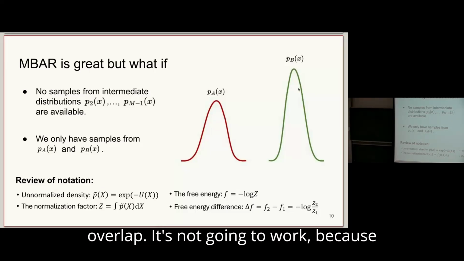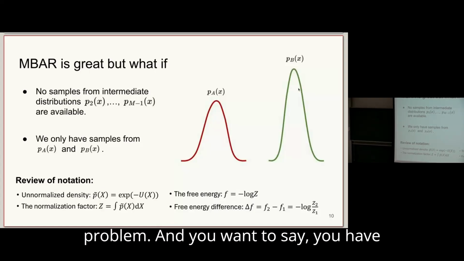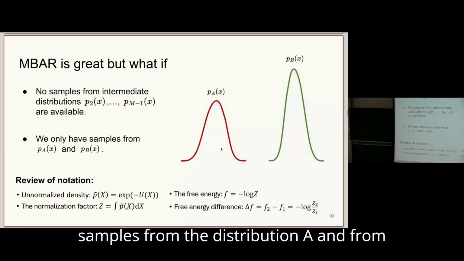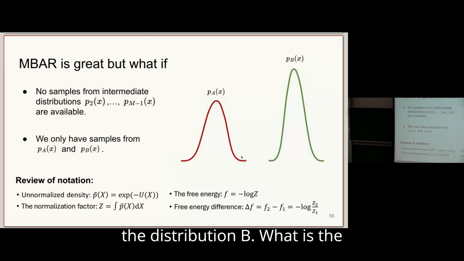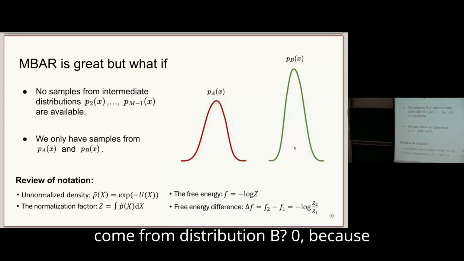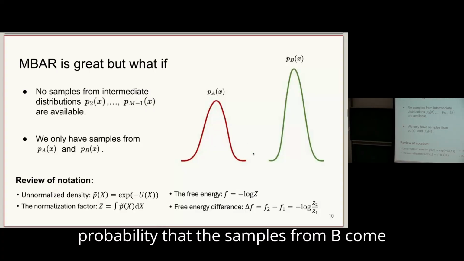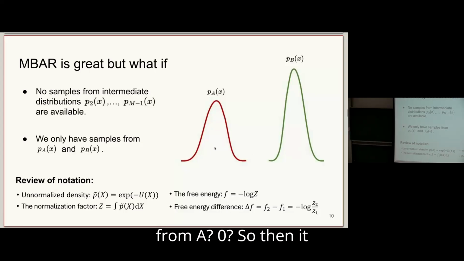It's not going to work because you try to solve a classification problem. You have samples from the distribution A and from the distribution B. What is the probability that the samples from A come from distribution B? 0, because there is no overlap. And what is the probability that the samples from B come from A? 0.